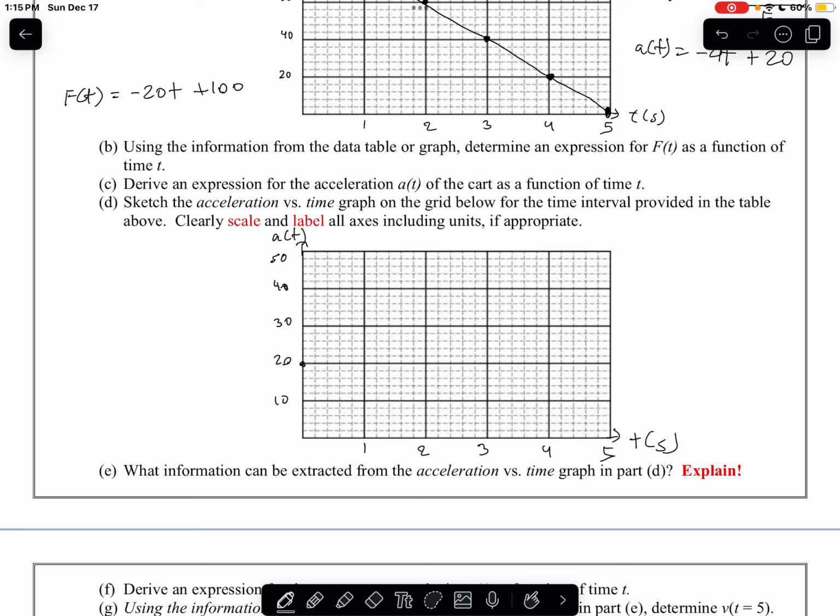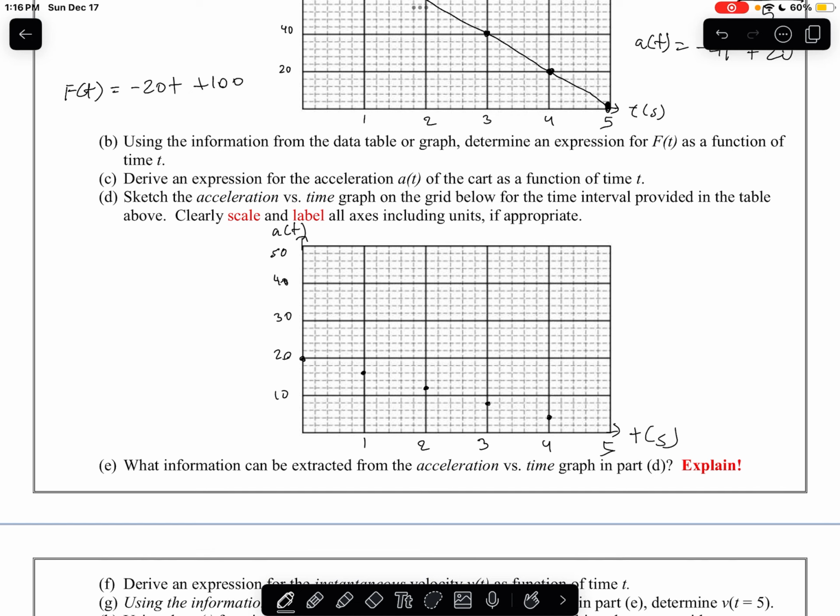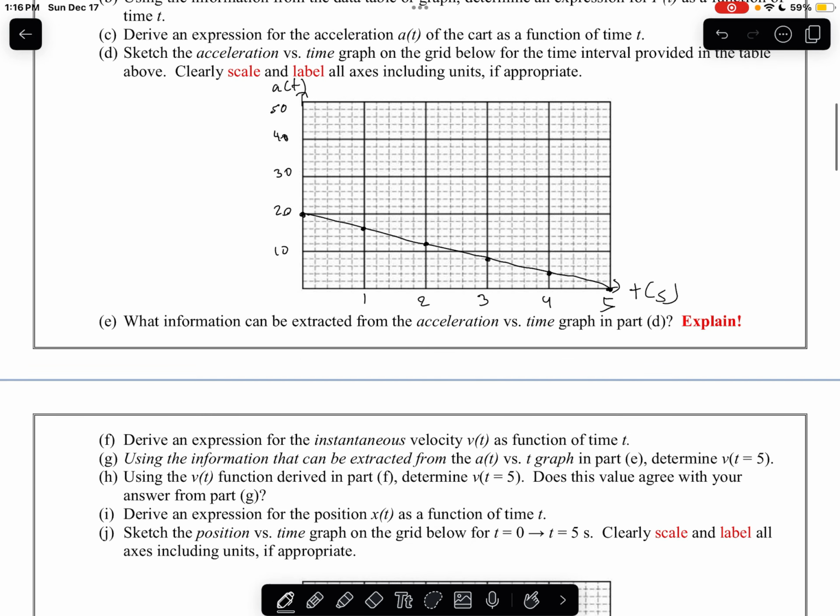And then it's going to start at 20 and go down by 4, go down by 4, go down by 4, go down by 4, and then go down by 4. This is what the acceleration graph is going to look like. It's the best straight line I can draw.